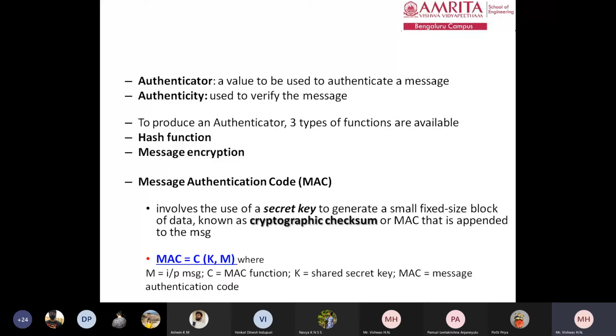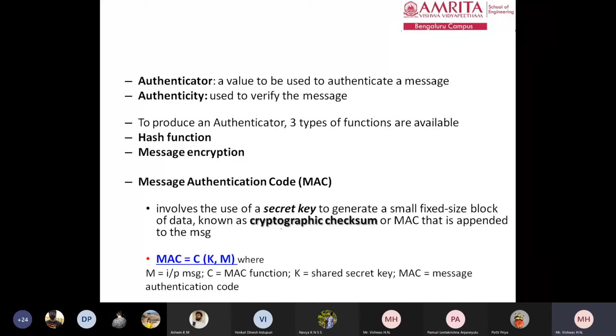What do you mean by hash function, message encryption, or message authentication code? Message authentication code involves the use of a secret key. Let us first go with message authentication code. It involves the use of a secret key to generate a small fixed size block of data known as cryptographic checksum or MAC, that is appended to the message.